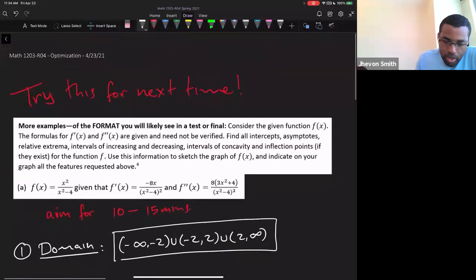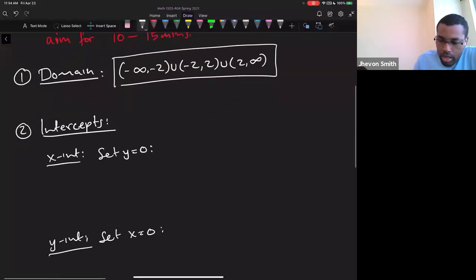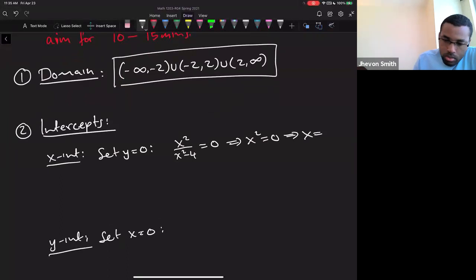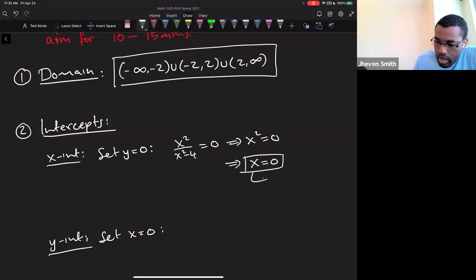So there are two we care about. There are the x-intercepts, which remember you set y equals 0, and there are the y-intercepts, which you set x equals 0. So for the x-intercepts at y equals 0, this means x squared over x squared minus 4 equals 0. This, of course, means x squared equals 0, which means x equals 0. Remember, a fraction is only 0 if the numerator is 0.